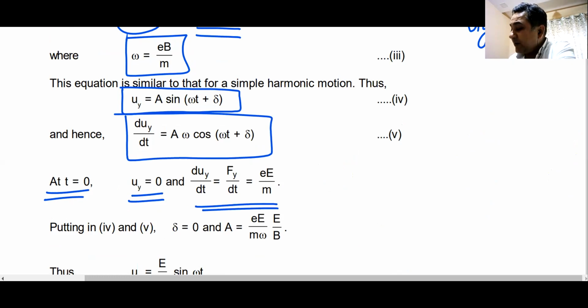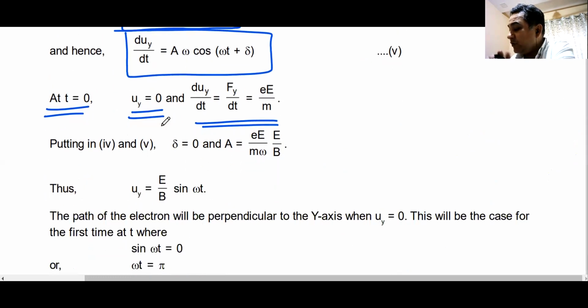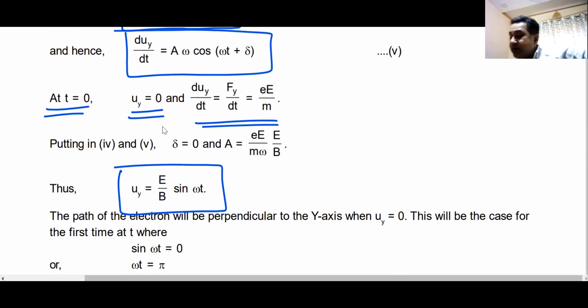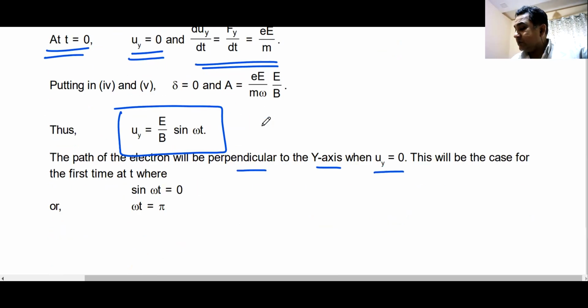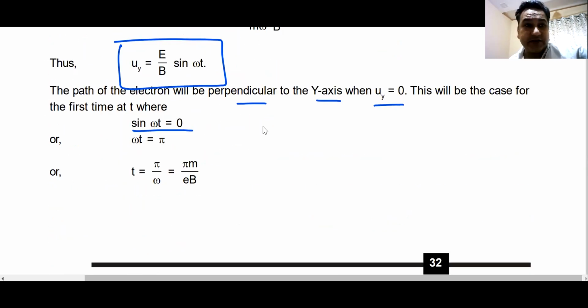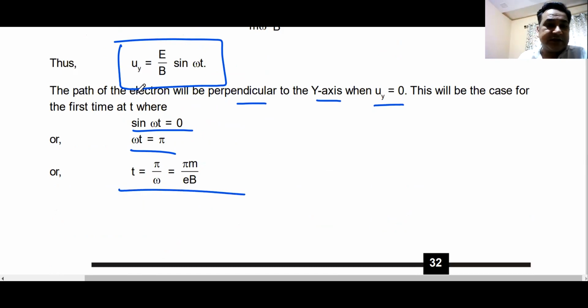From here, you can find the value of A. It will come in this form. When will the electron become perpendicular to the y-axis? When uy becomes 0. Uy becoming 0 means this becoming 0. Omega t becomes equal to pi. Time becomes this thing. So this is how you solve this part.